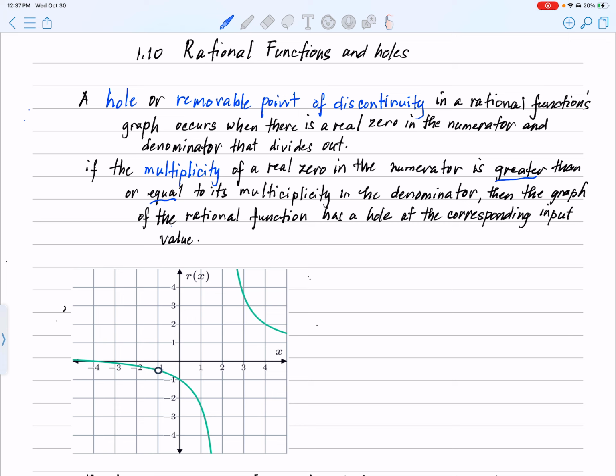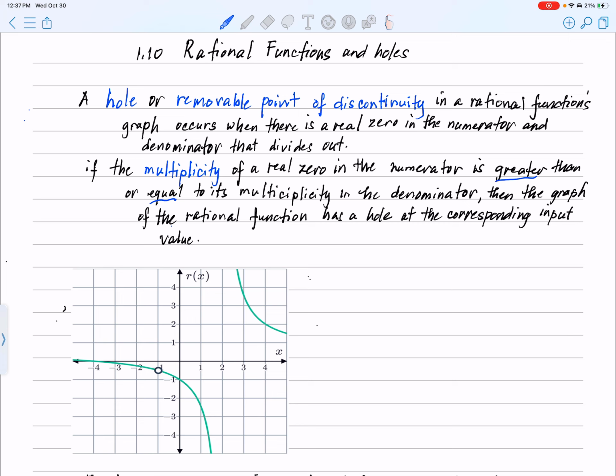Well, in a hole, the multiplicity of the numerator is greater than or equal to the multiplicity of the denominator. If that happens, then there is a hole in the rational function.